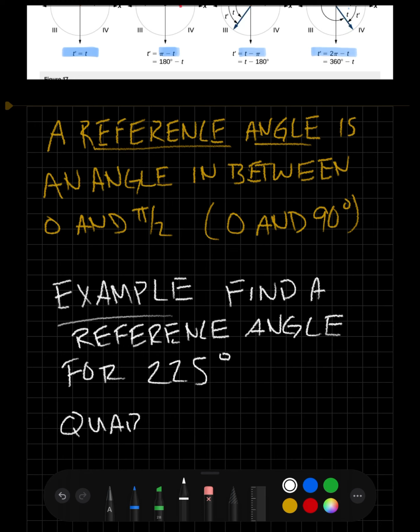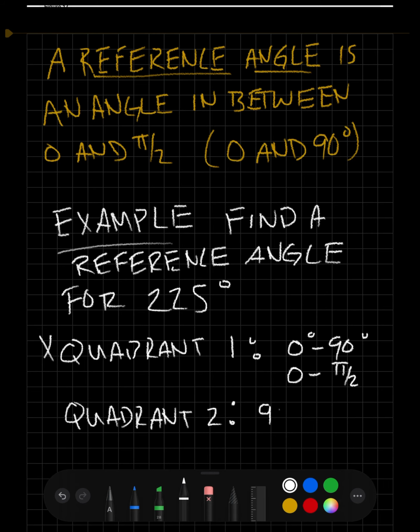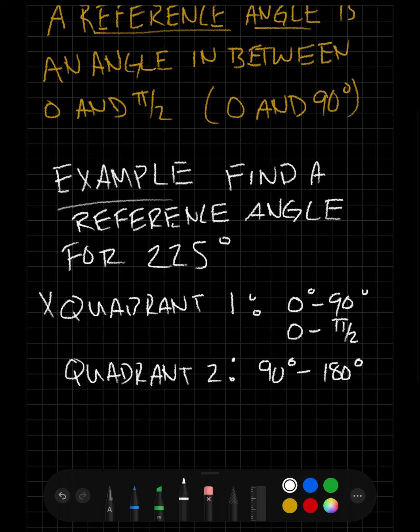So quadrant 1 goes from 0 to 90 degrees, or 0 to pi over 2 radians. So this is not in quadrant 1. Quadrant 2 goes from 90 degrees to 180 degrees, or from pi over 2 to pi radians, and this is not in quadrant 2.